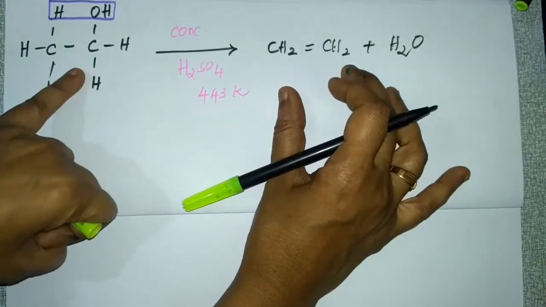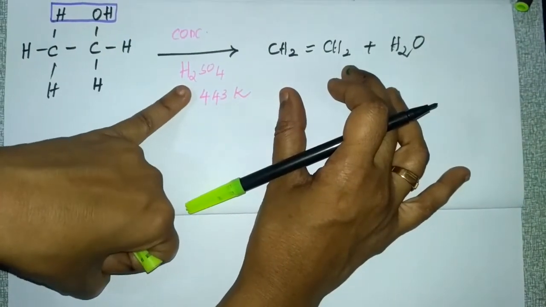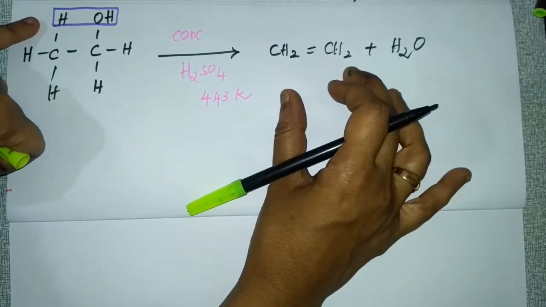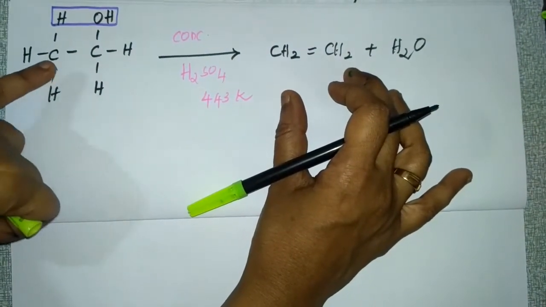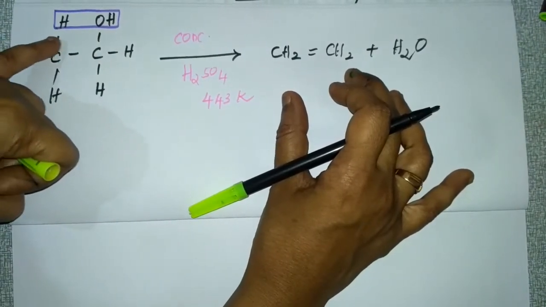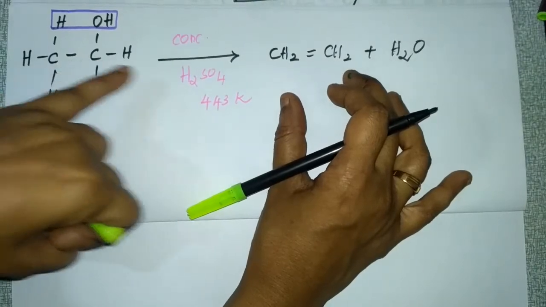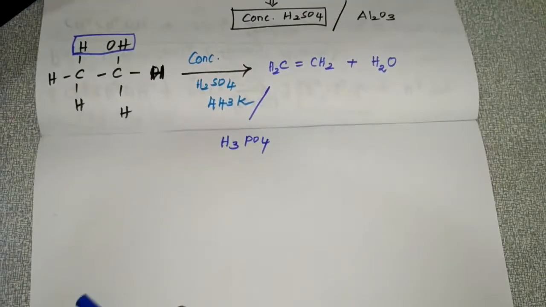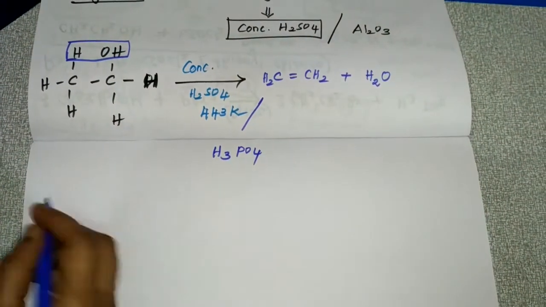So to this alcohol, if you add concentrated sulfuric acid, water molecules will get removed. The hydrogen gets removed from the beta carbon, and after the removal of hydrogen the electrons get transferred to this carbon, so your product will be an alkene. I'll give you that reaction also.